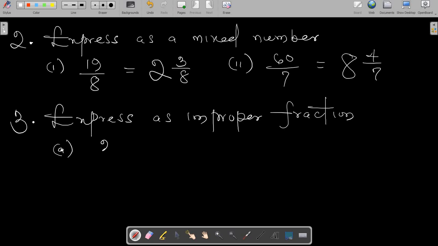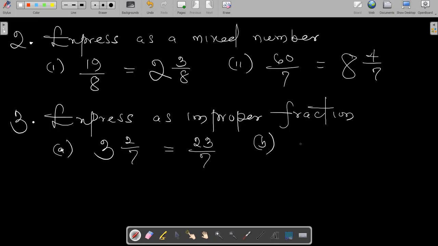A, we have 3 whole number, and let me say this is 2 all over 7. So this one here, I will just use this 7 to multiply by this 3, and that actually will give us 21. 21 plus this 2 that is on top here, we have it to be 23. So we have 23 over 7. So that is the answer.